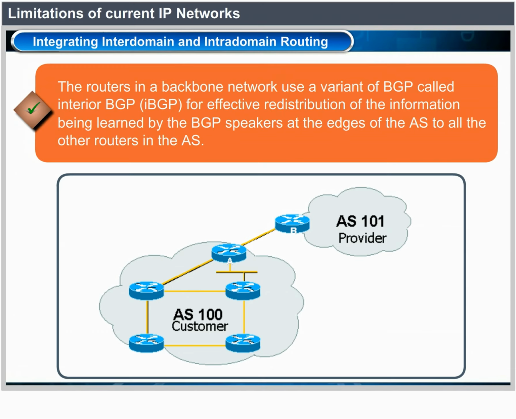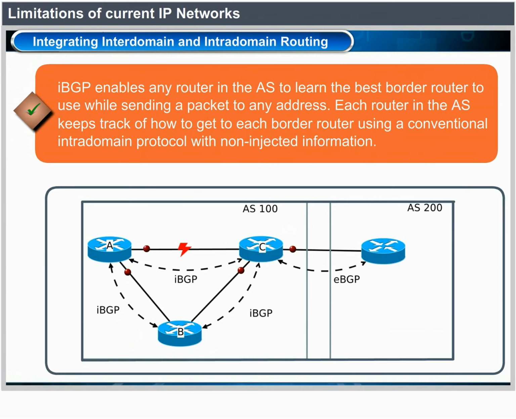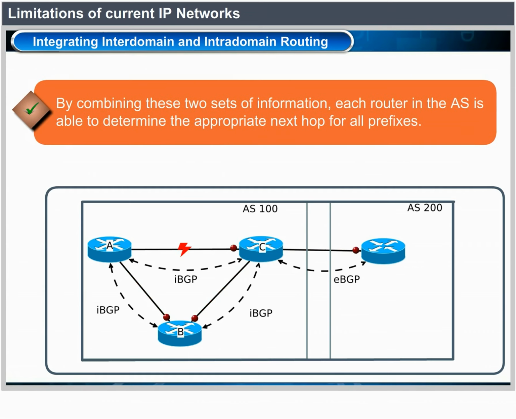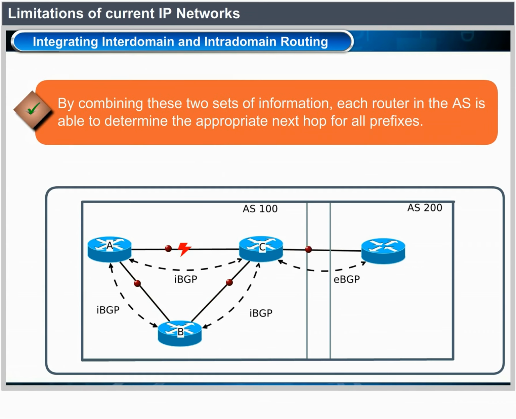IBGP enables any router in the AS to learn the best border router to use when sending a packet to any address. Each router in the AS keeps track of how to get to each border router using a conventional intra-domain protocol with no injected information. By combining these two sets of information, each router in the AS is able to determine the appropriate next hop for all prefixes.